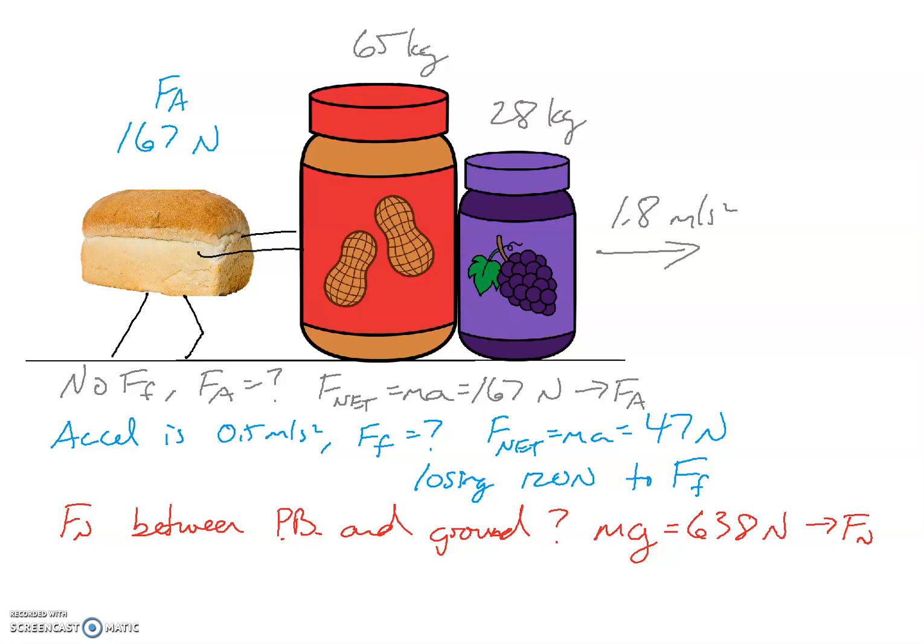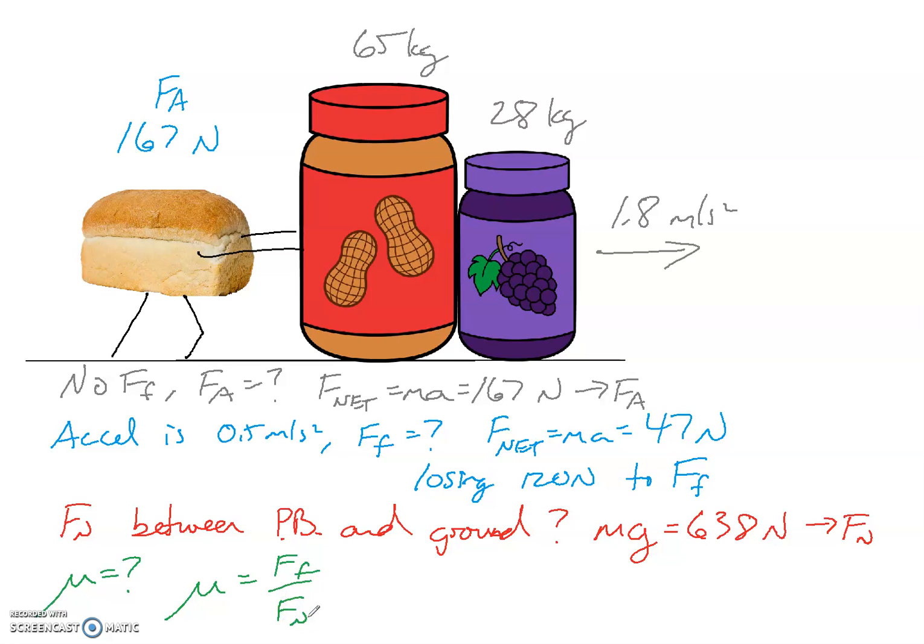So since I've incorporated friction here, maybe we want to try and find out what the coefficient of friction is. Now, we don't just have one source of friction, we have two sources of friction. Both of them have friction. We'll just say it's the same coefficient for each. Now, to find the coefficient of friction, we need the force of friction as well as Fn.